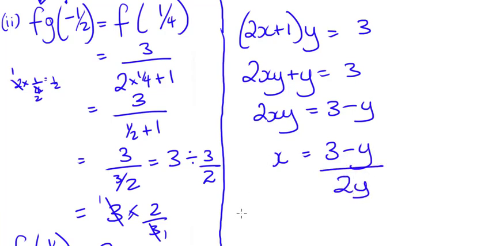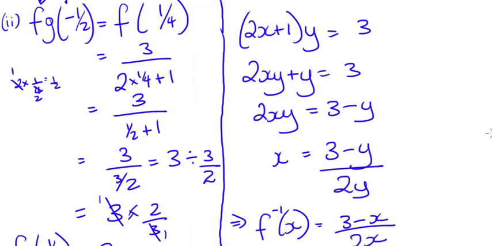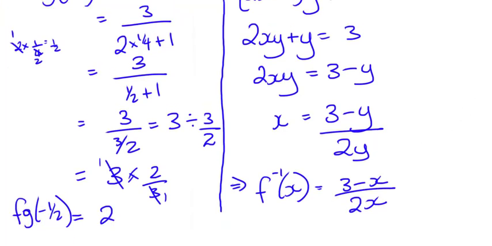Now that I've solved for x, I can change back my x to f inverse of x, because that's what x represents, and I can change y to x to represent my new input. So f inverse of x is equal to 3 minus x over 2x.